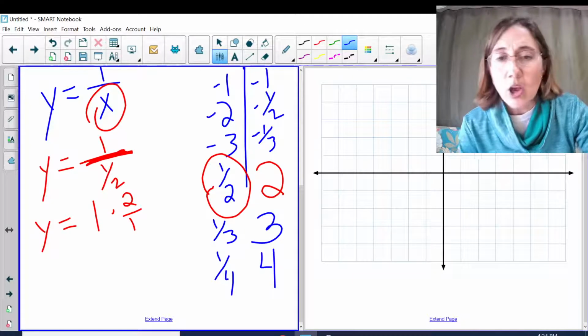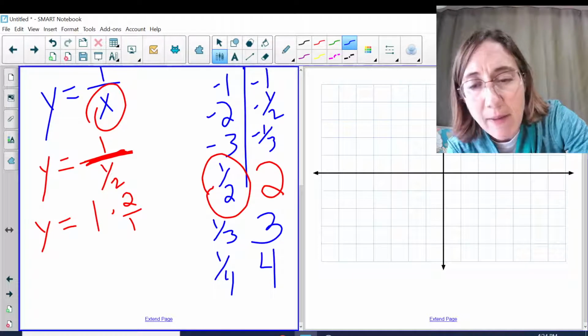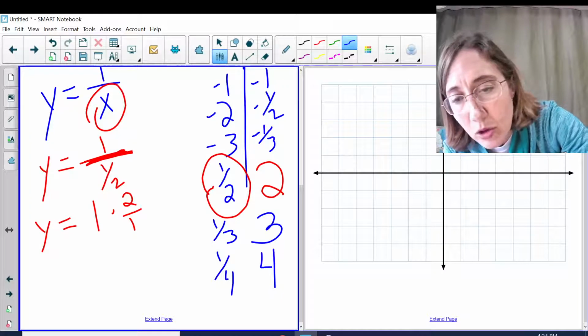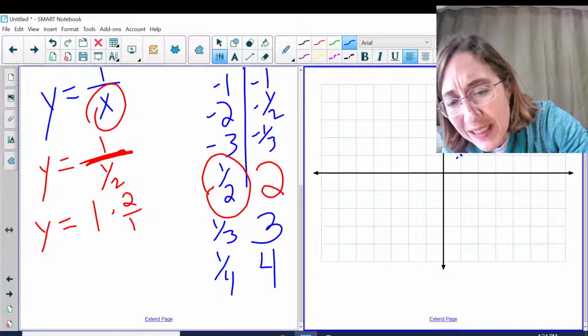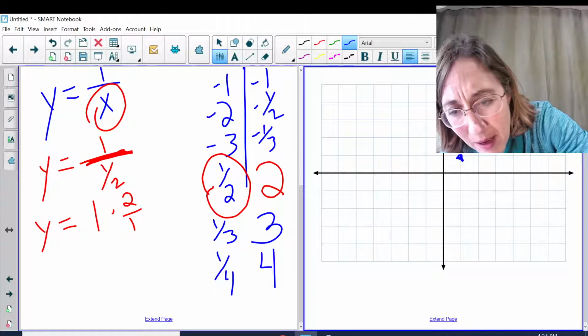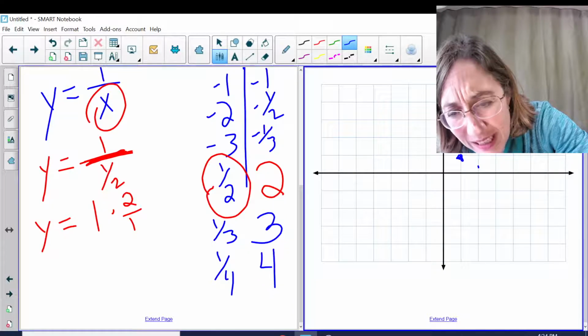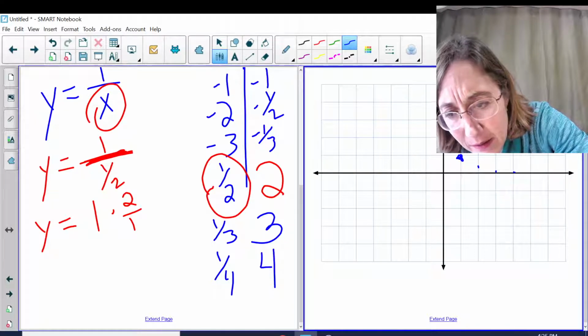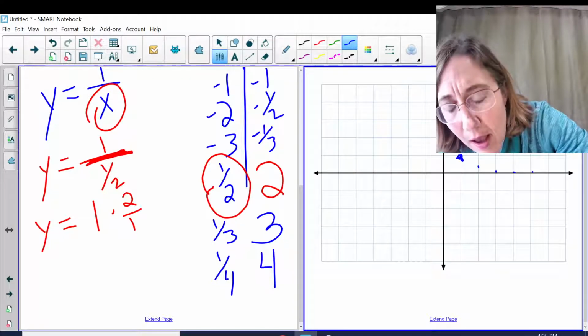Okay, so I'm going to graph these. So hopefully you have a little piece of graph paper left. Okay, so this is really hard to graph on here by touch screen. Oh, this is not looking good.